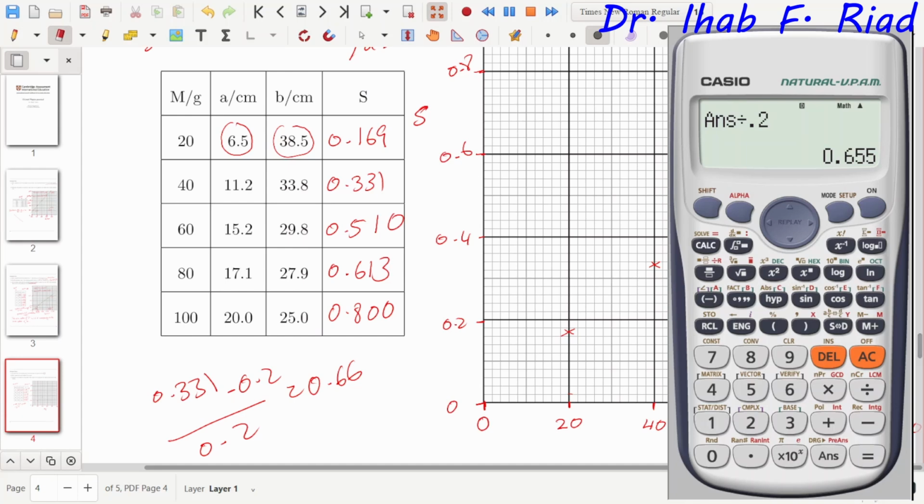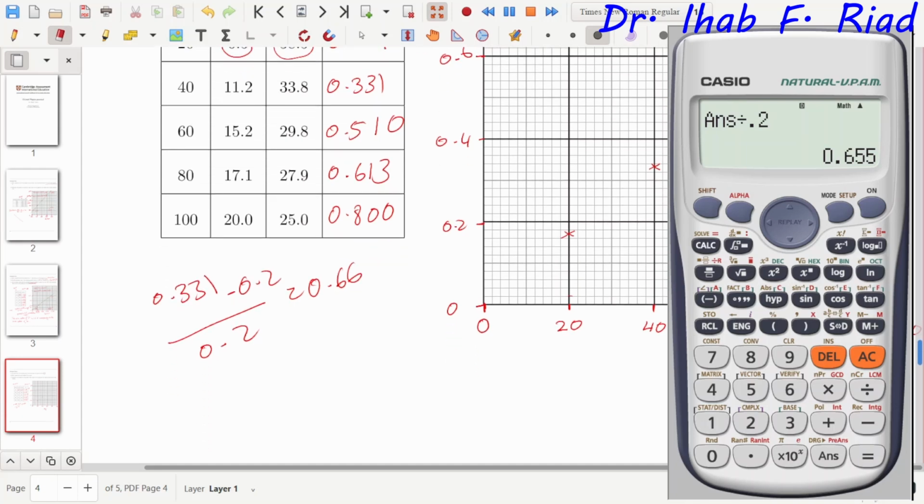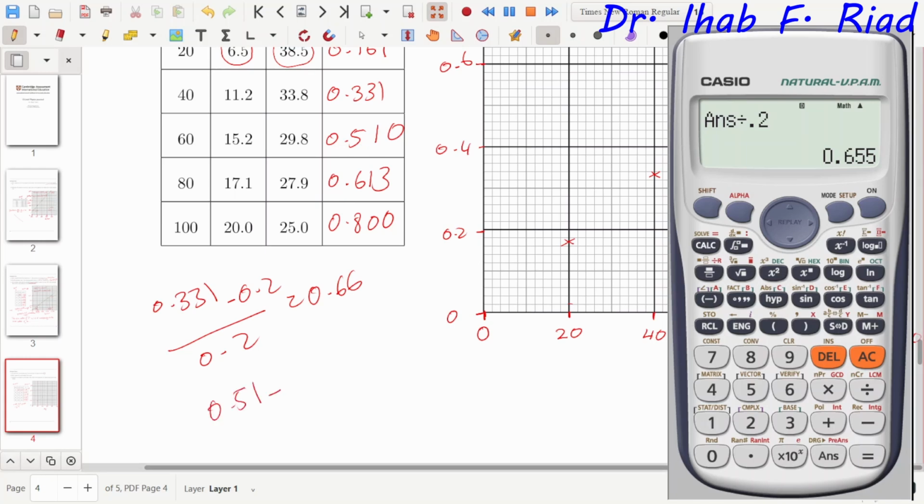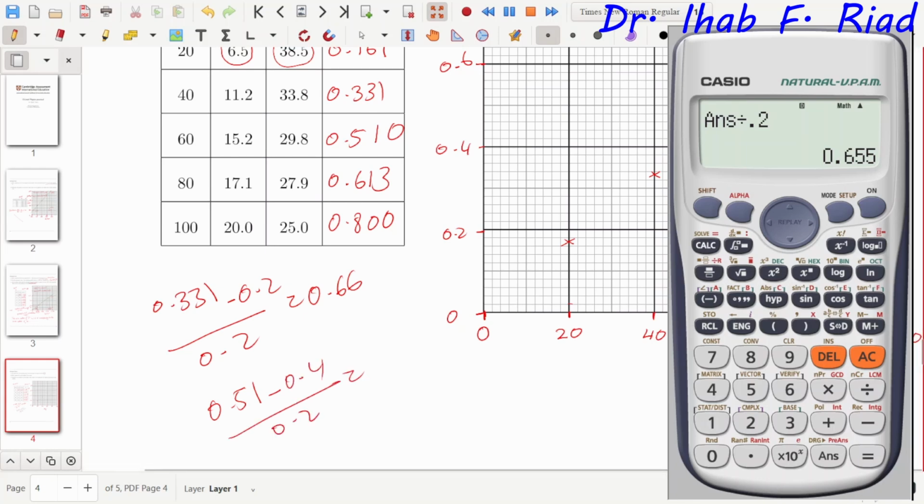Now we have 60 and 0.51. What is the closest scale mark? It is 0.4. Then it is 0.55.